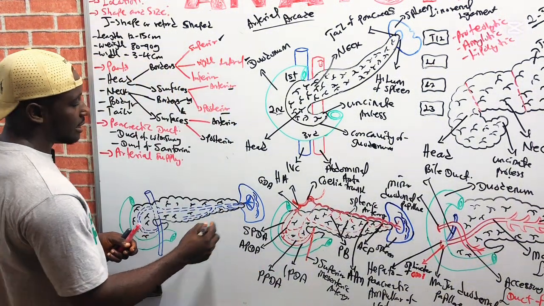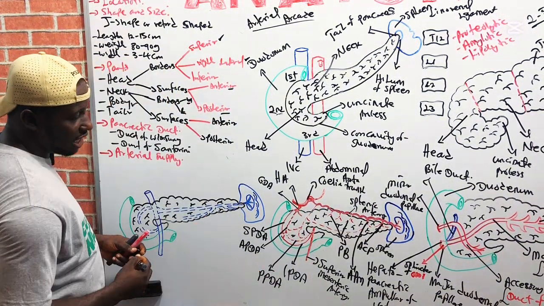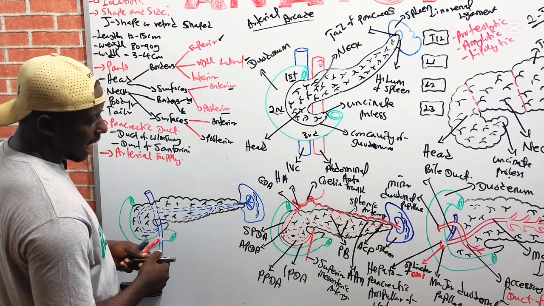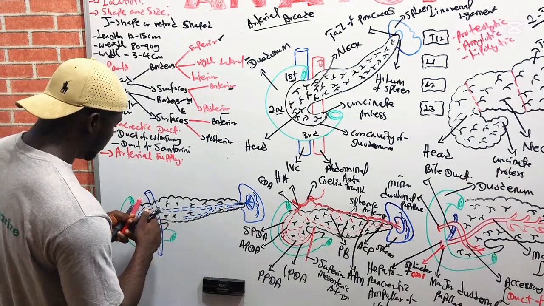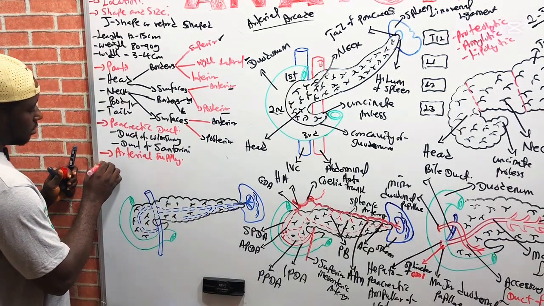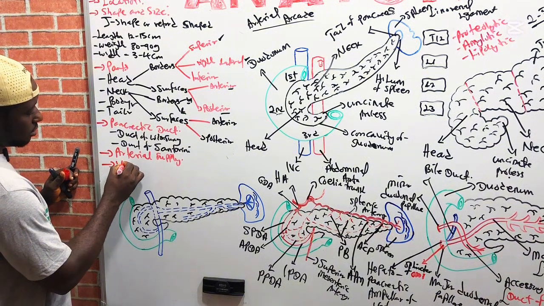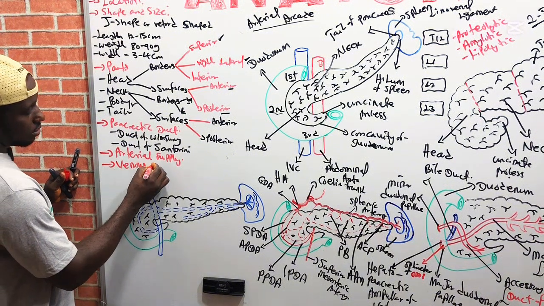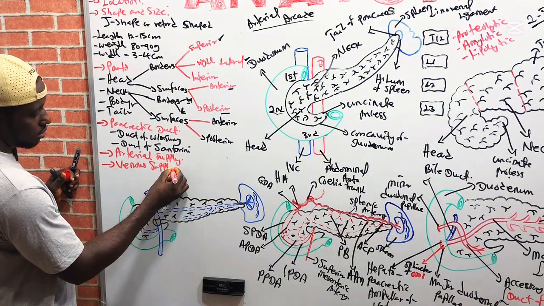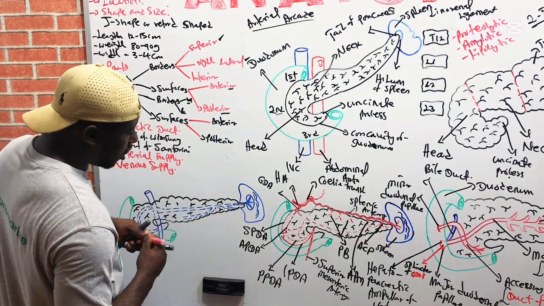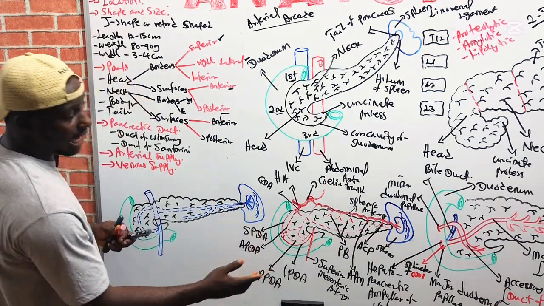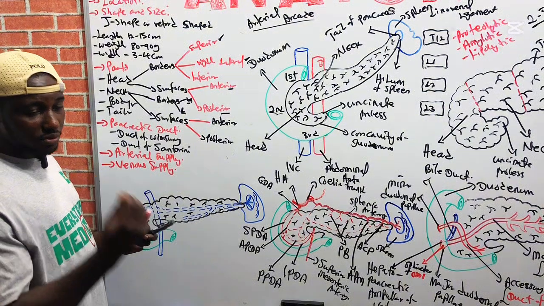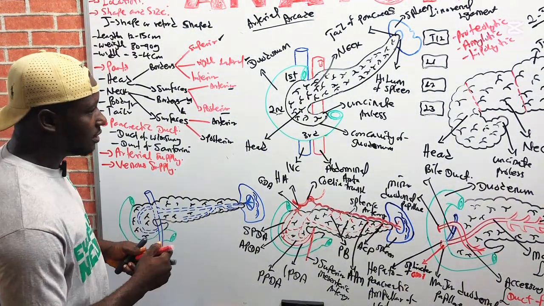Let's quickly look at the venous drainage or the venous supply. The venous supply to the pancreas is similar to the arterial supply, but there are differences, right?